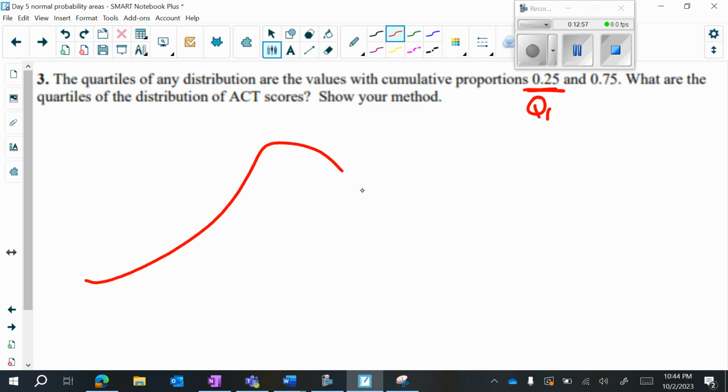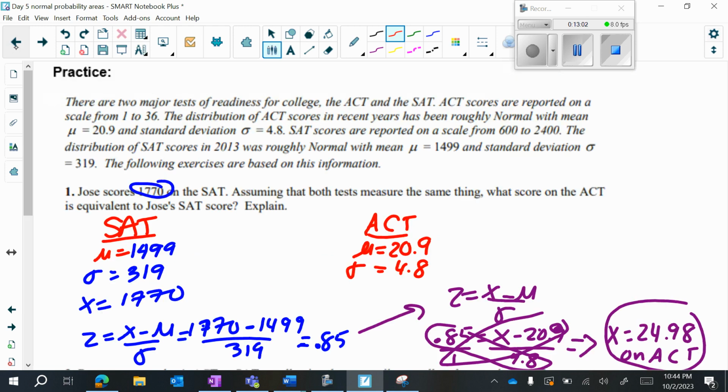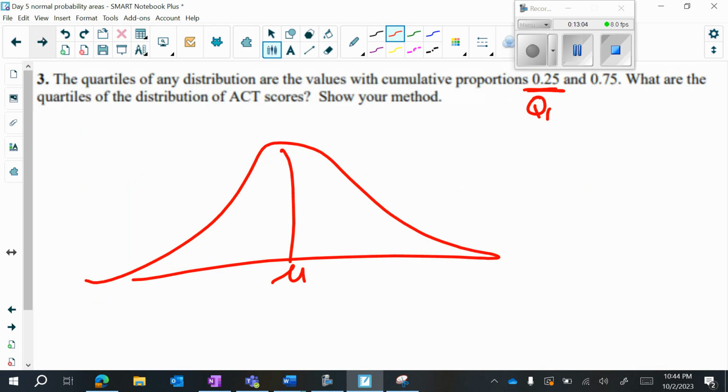Draw the bell curve. In the middle, put the mean for the ACT, which was 20.9. Now, if you want the 25th percentile, aka quartile 1, you're going to be somewhere to the left of the mean. You're going to call this Q1, and you're going to show that the area to the left is 0.25.